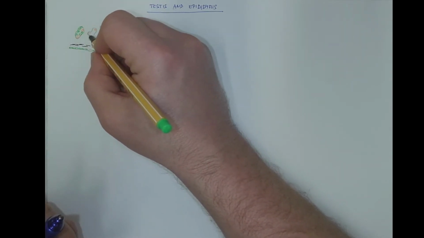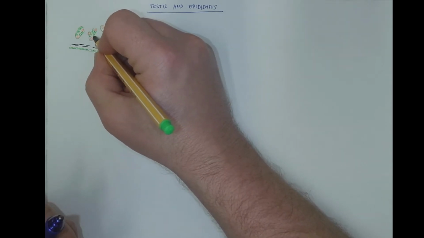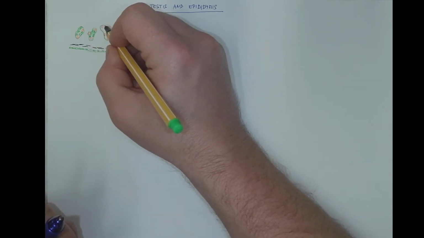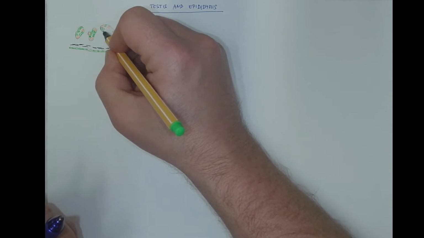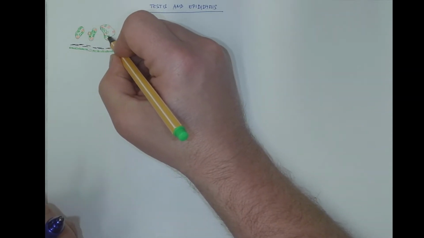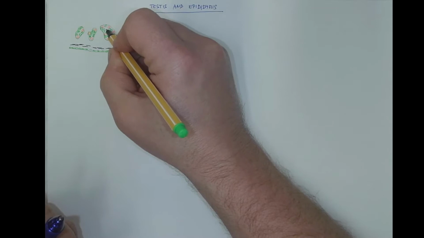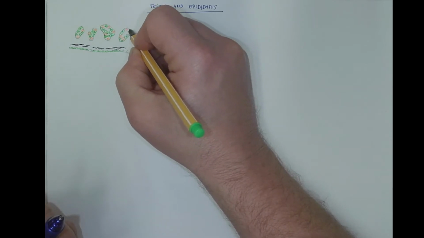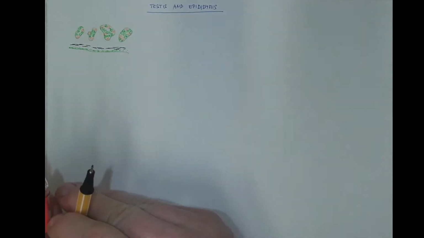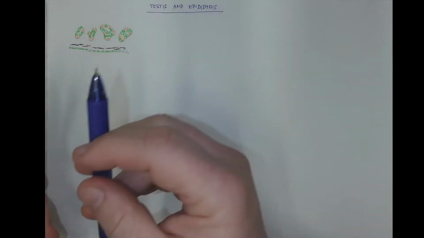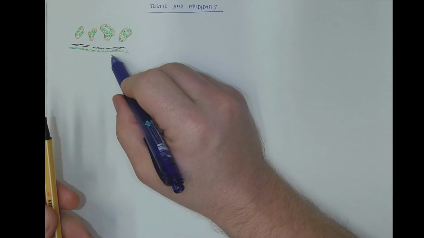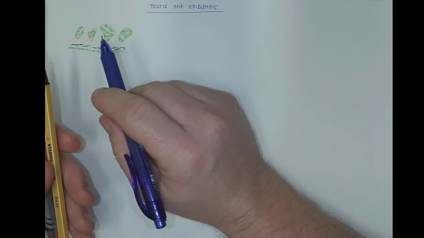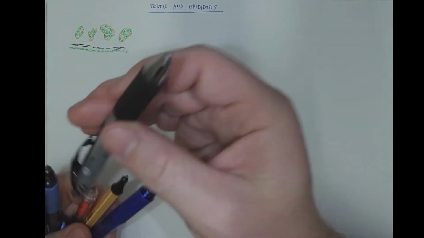So first, these are solid epithelial cords with no lumen. And they are moving inside of the testis. That's why they are called medullary cords.